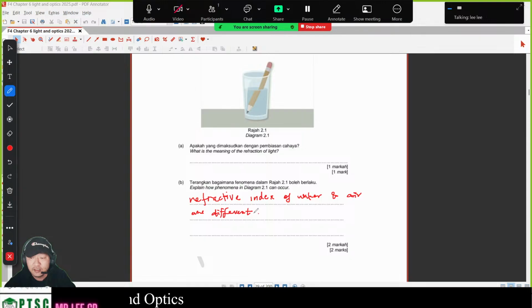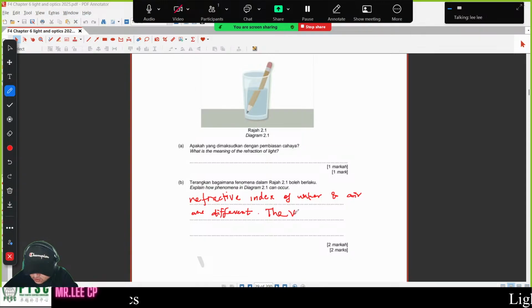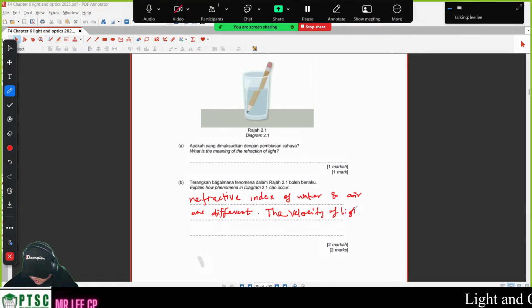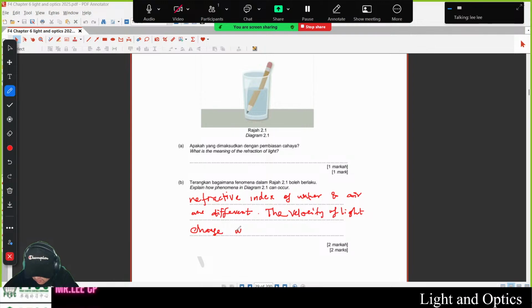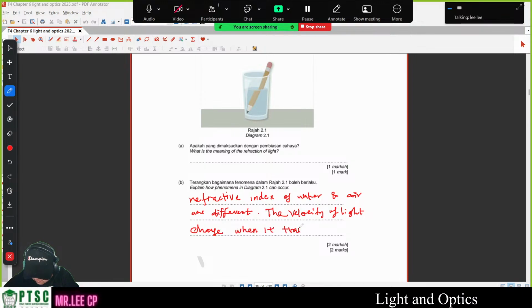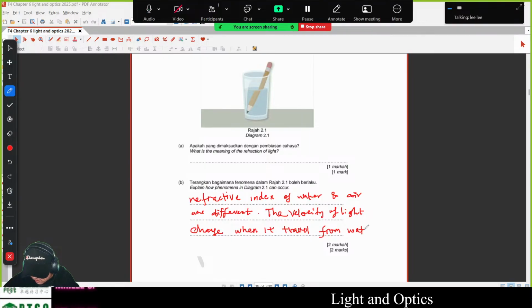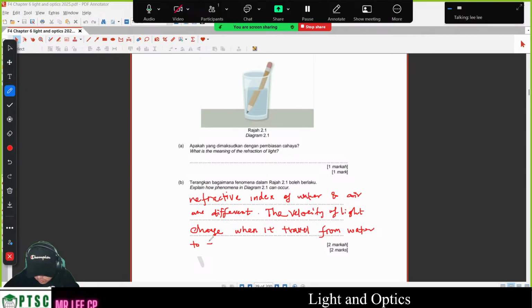Alright, so it might give you 1 mark. So the velocity of light change when it travels from water to the air.